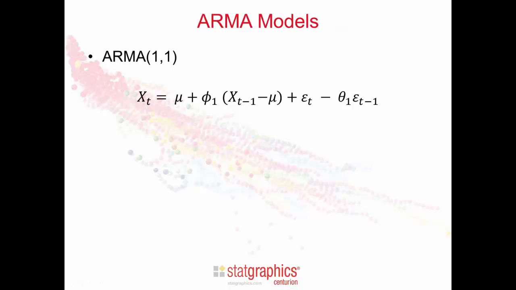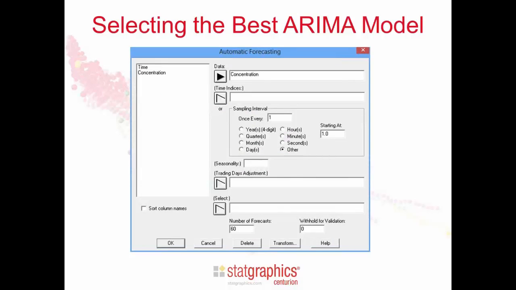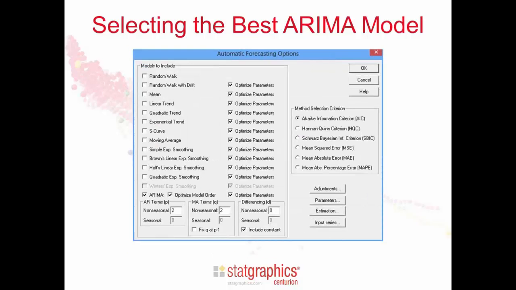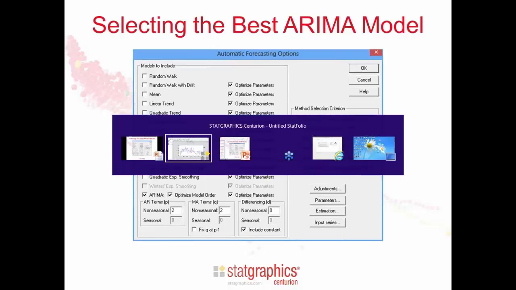Now, when we model a real set of data, one of the tasks that we're faced with is finding the best model to use. It turns out that the automatic forecasting procedure in Statgraphics is quite useful for helping us build ARIMA models. And I'm going to show you how to do that.